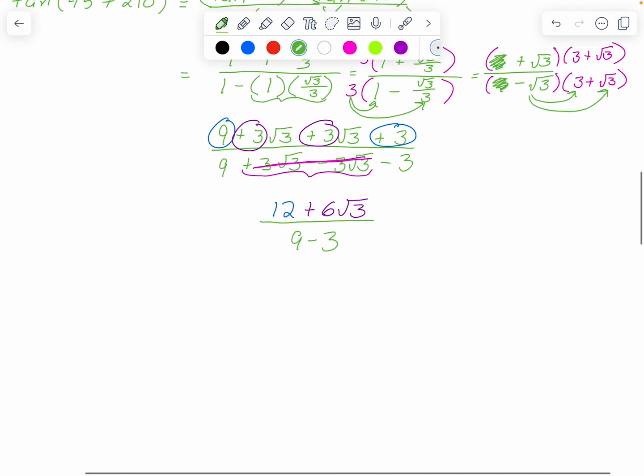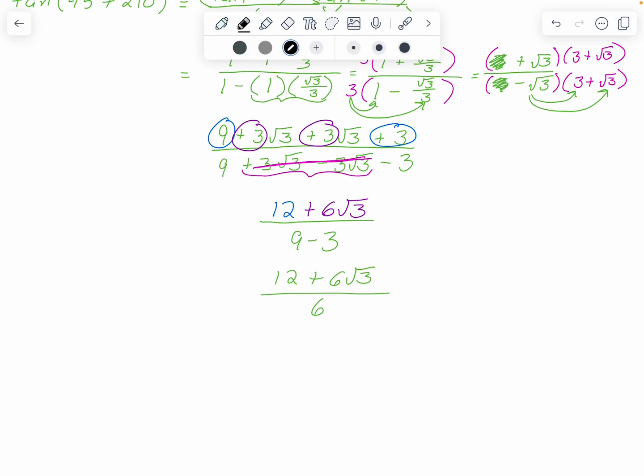So then, because we have 12 plus 6 square root of 3, and then the bottom of that, 9 minus 3 is just 6, now we need to simplify. So if we look at all the whole numbers, we've got 12, we have 6, and we have 6.